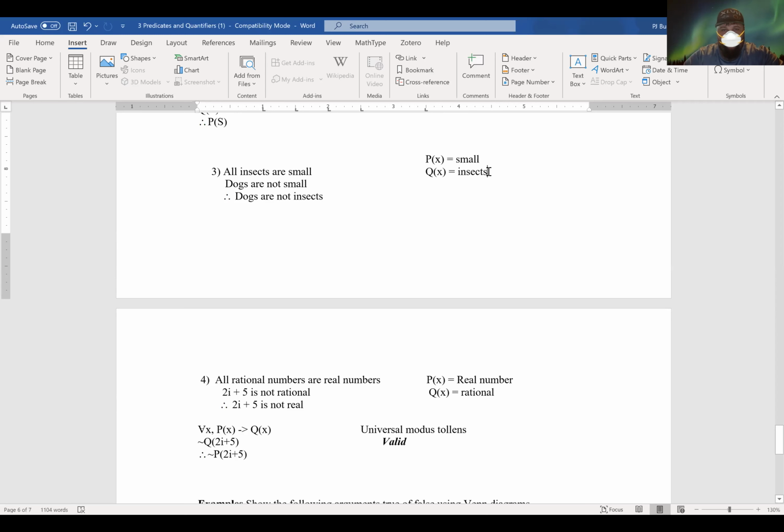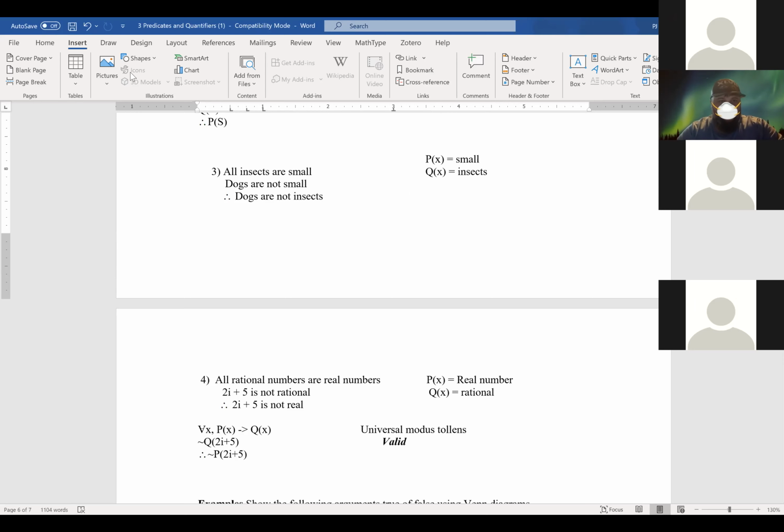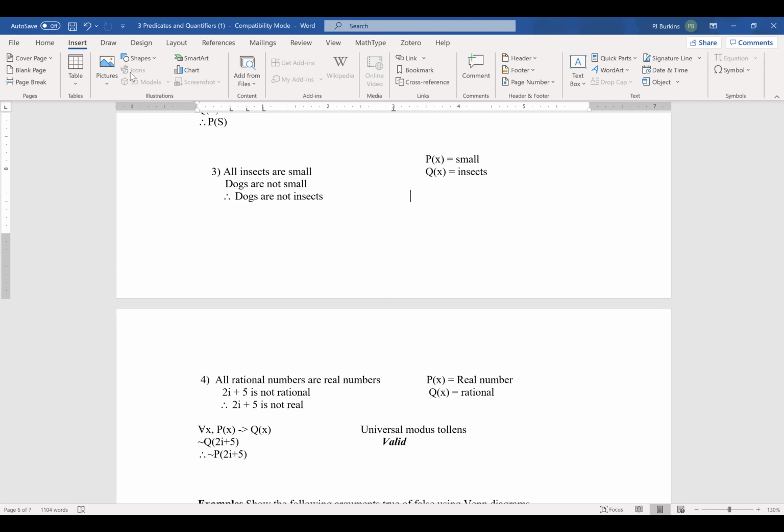Then the statement form over here is for all X, we have P of X implies Q of X.